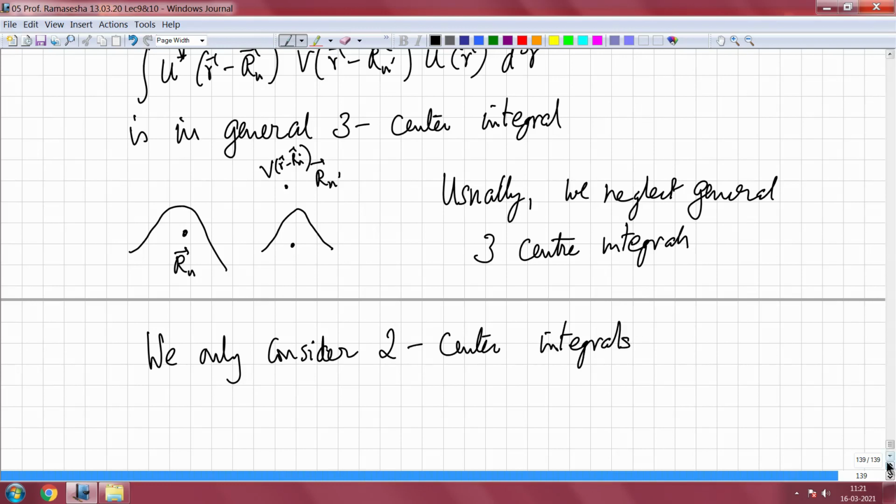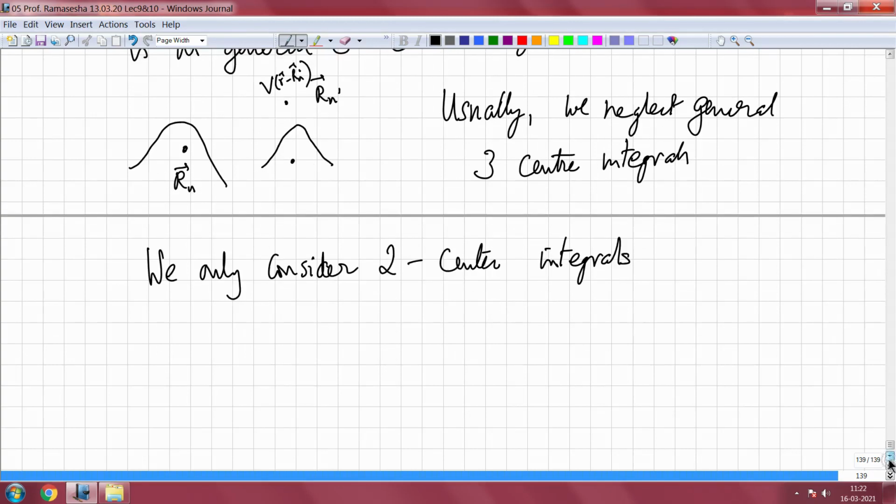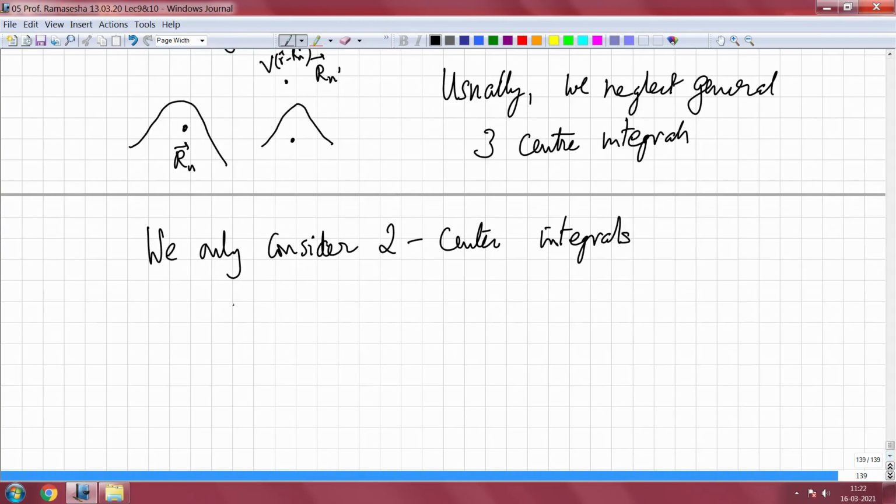One type involves the integral of u star of r minus r n, v of r, u of r, d cubed r. This is one kind of 2-center integral, and it is usually called the interaction integral or the transfer integral.